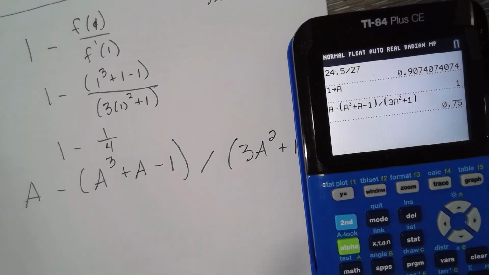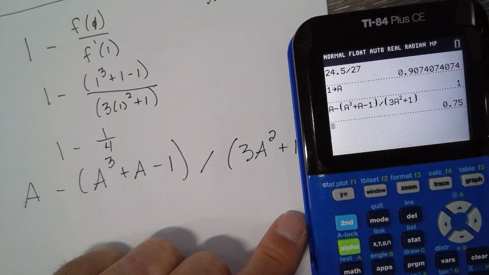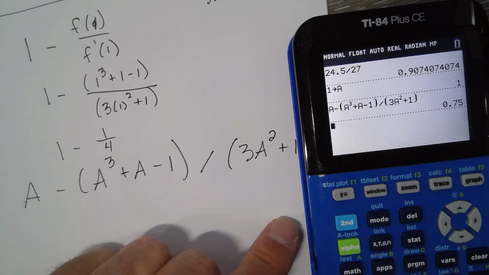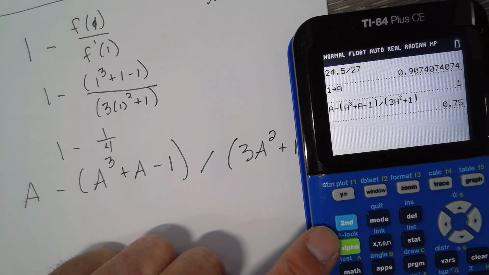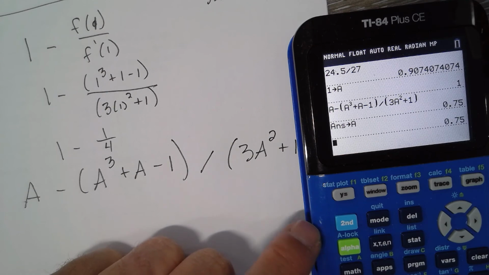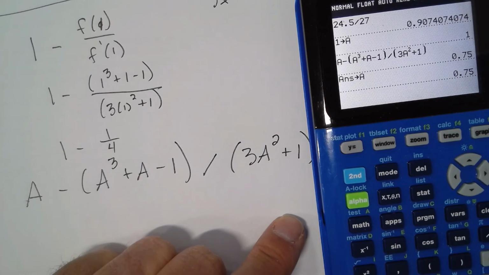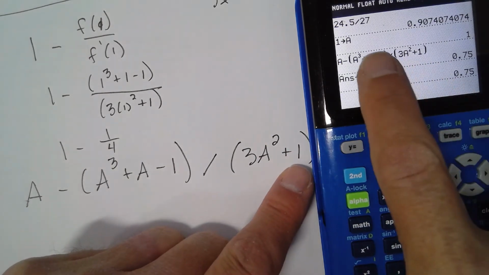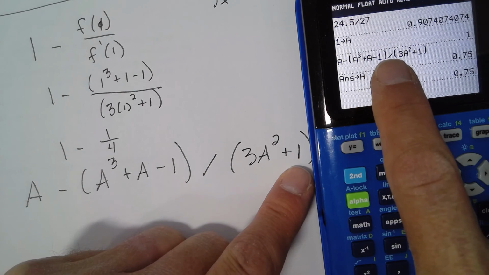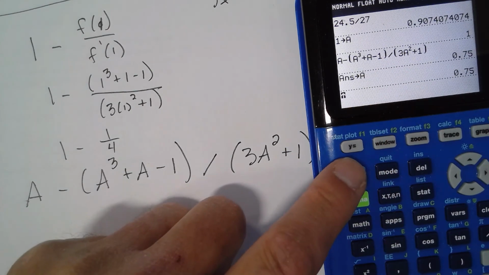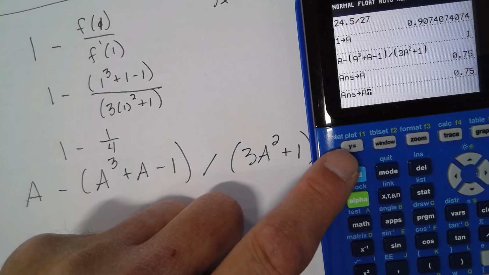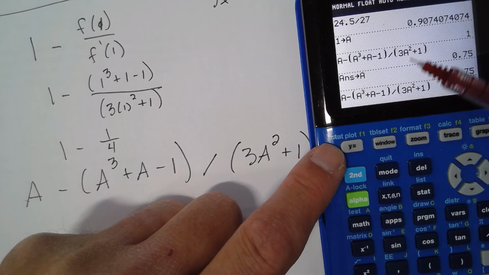Okay, we have to do it again, but this 0.75 is my new A. So what I'm going to do now is store that into A. I'd have to retype this whole thing, but rather than retype it, I can do second enter, and that brings me up a line, every time I do that.